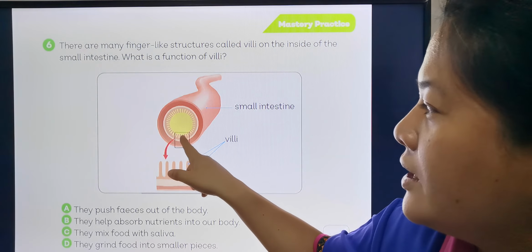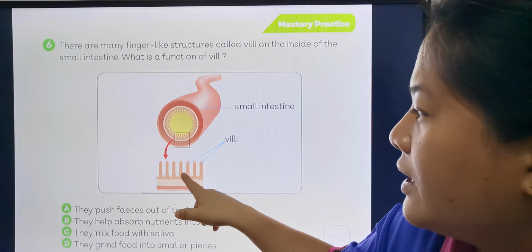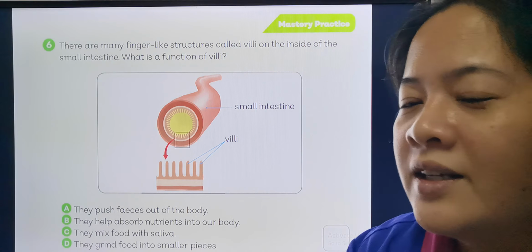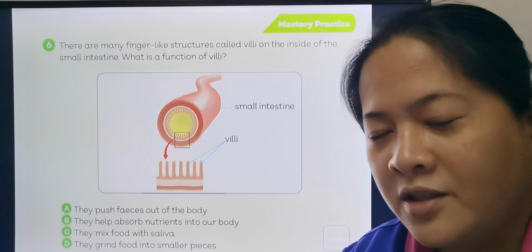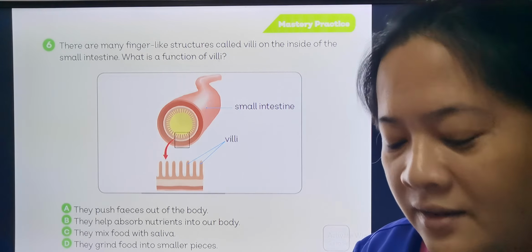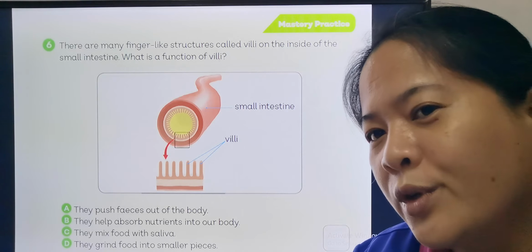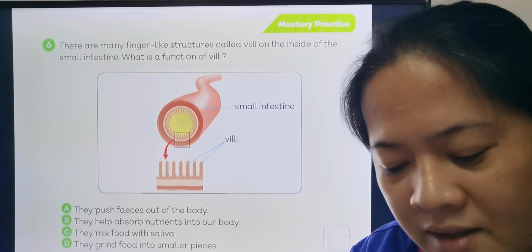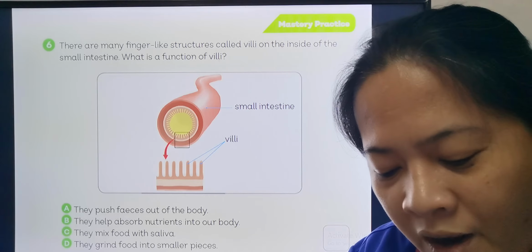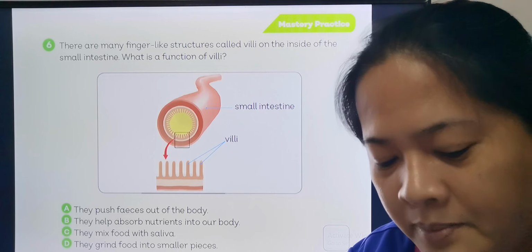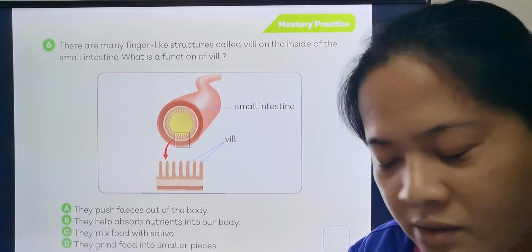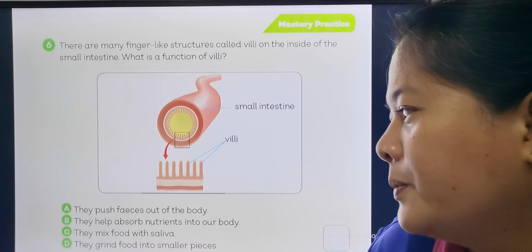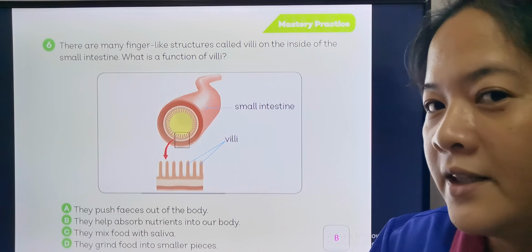It's not written in your student book, but if you go back to your student book, you will remember that it said the small intestine absorbs the nutrients, okay? So it should be letter B, absorb nutrients into our body.